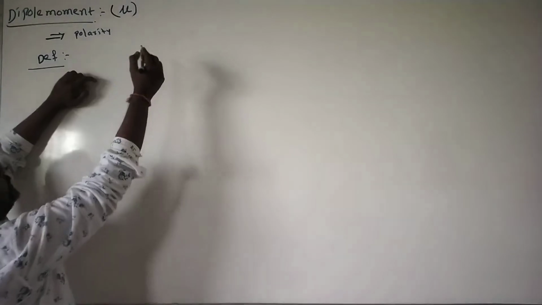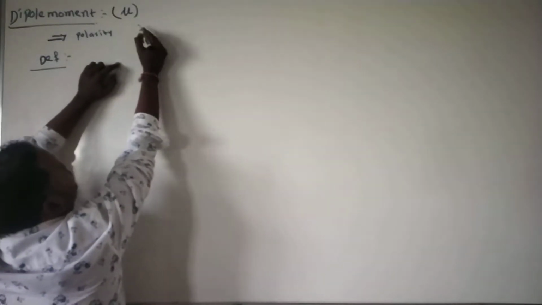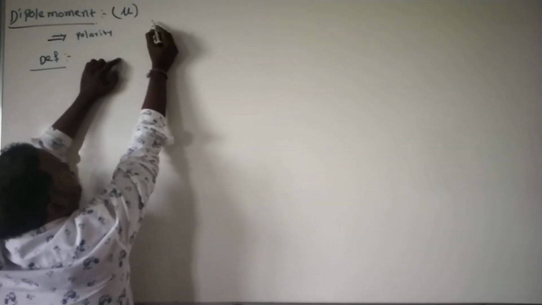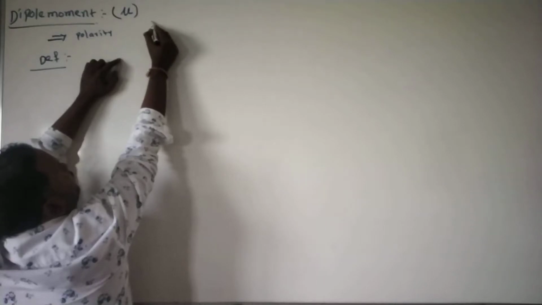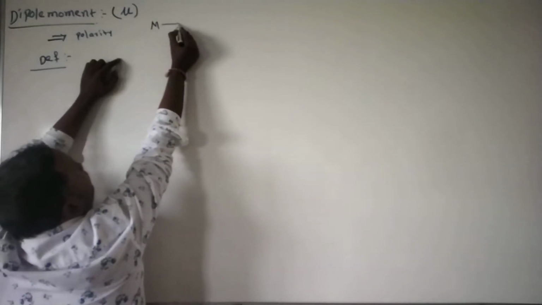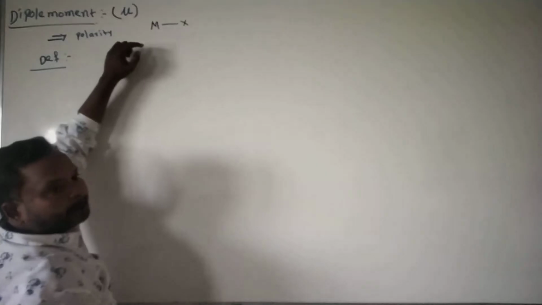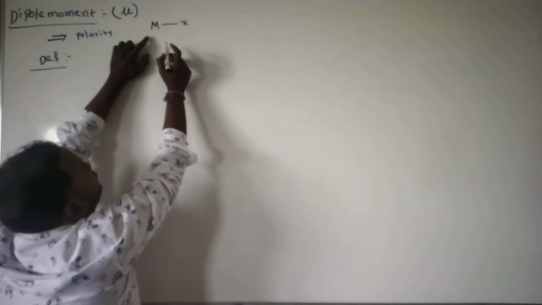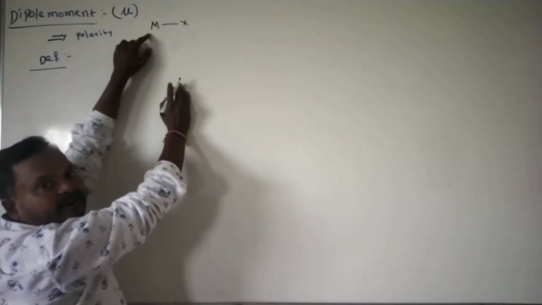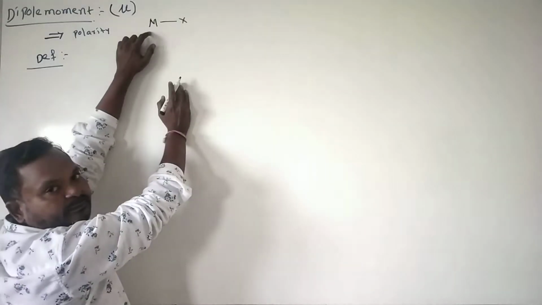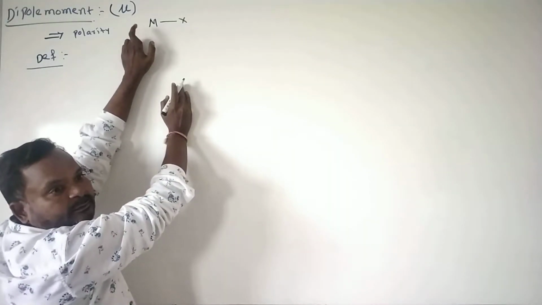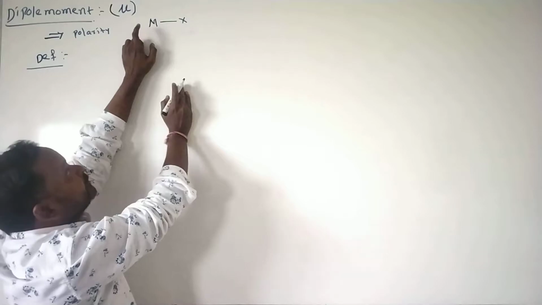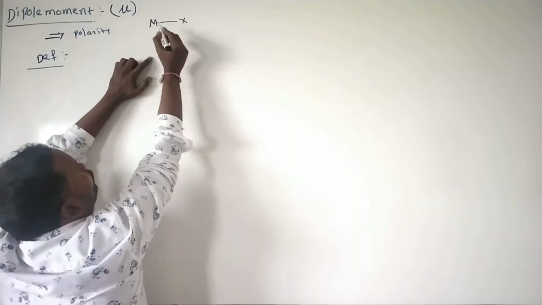Before seeing the definition, just see here. Here M is there, here X is there. If M and X have different electronegativity, then we observe dipoles.